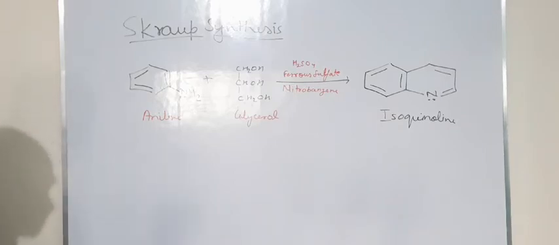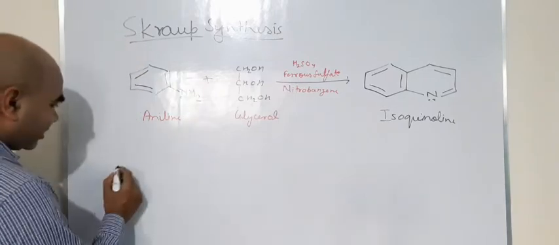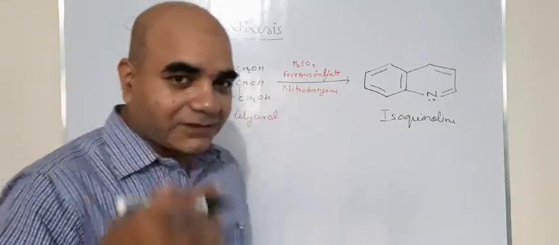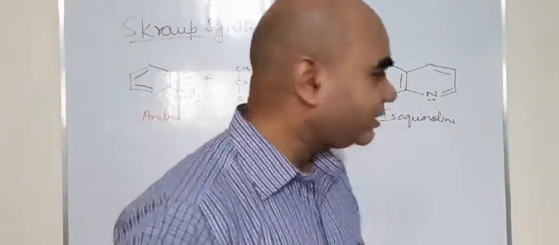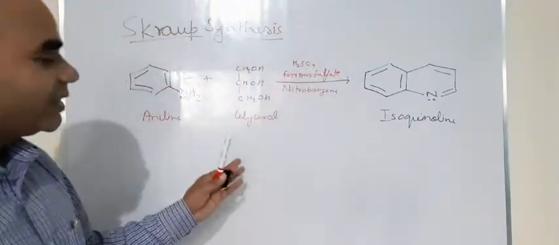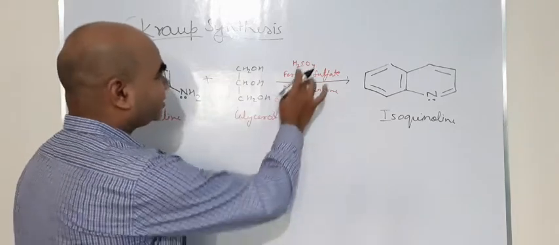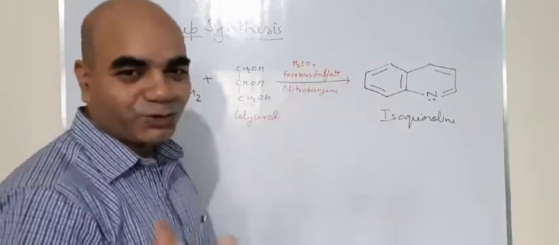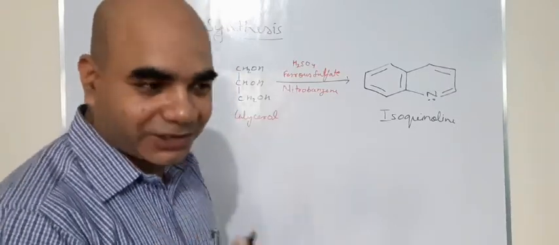Now we will see how the reaction goes. The most important first step is the conversion of glycerol, which turns into acrolein by removal of water molecules, and the reagent which carries out this change is H2SO4. As you know, sulfuric acid is known for its dehydrating property and for oxidation.